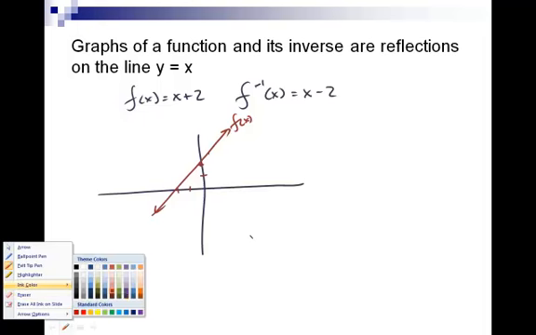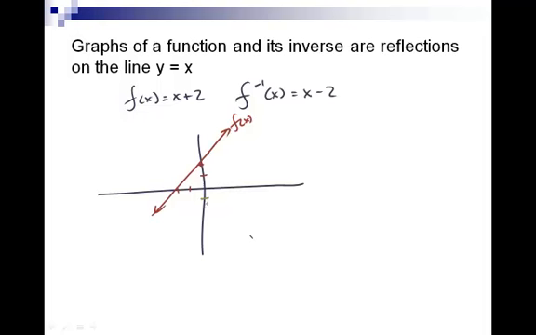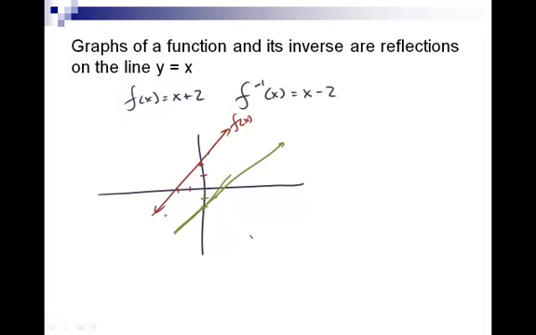Then if I graph f inverse of x, I go to negative 2, and it has a function of up 1 and to the right 1, and it looks something like this. Now, this is a very, very simple function, but hopefully we can see that if I draw in the line y equals x, these two are reflections on either side of it.